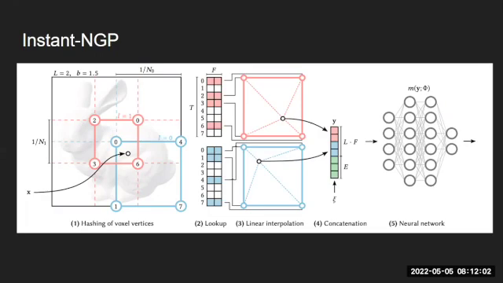The way that they do it is using hash tables. They use multiple hash tables for different resolutions, and they update them when they apply backpropagation. They not only update the neural network's parameters, but they also update the feature parameters that are in the hash table as well. So instead of representing the whole thing as voxels using linear interpolation, they embed them inside a hash table.